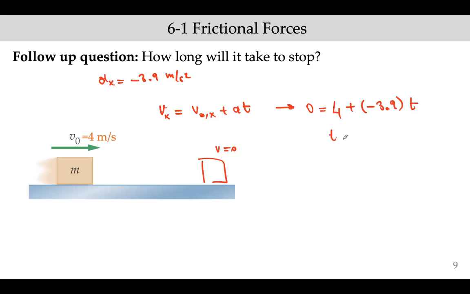So if you solve for t, put the 4 to the other side as negative 4, and just cancel out the negatives, and it will be 4 divided by 3.9, which gives you 1.03 seconds. So that's the time that it takes for the block to stop because of the friction force.